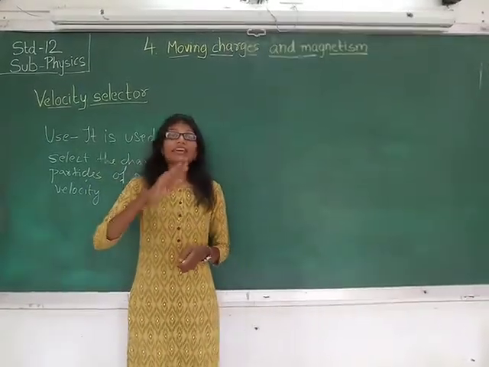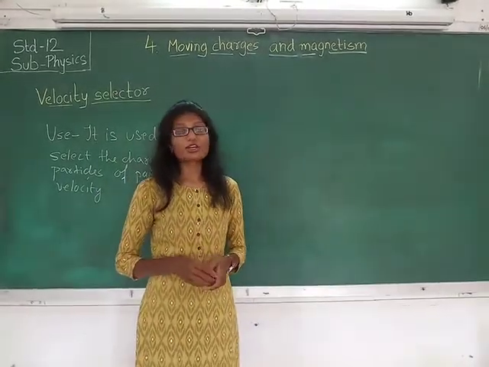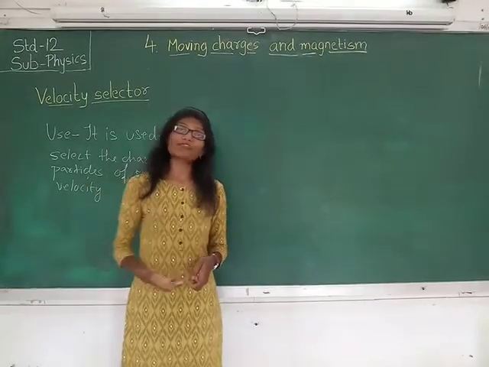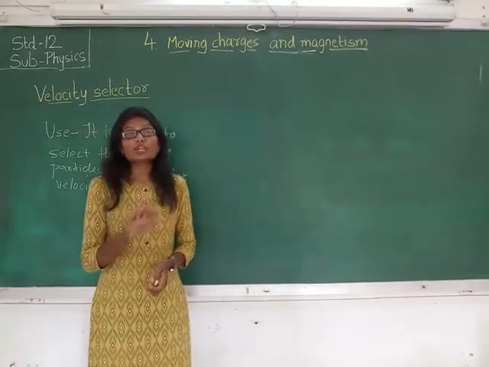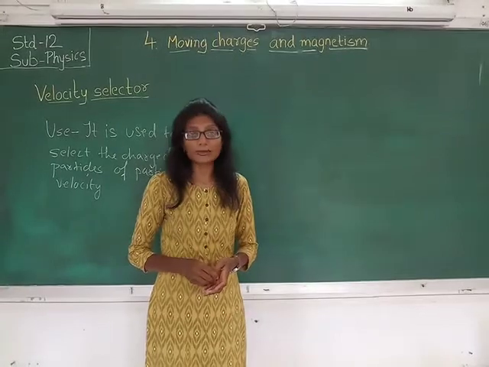That means there may be various charged particles with different speeds, right? So out of the group of charged particles having different speeds, we are going to select only those charged particles of a particular velocity only, right?